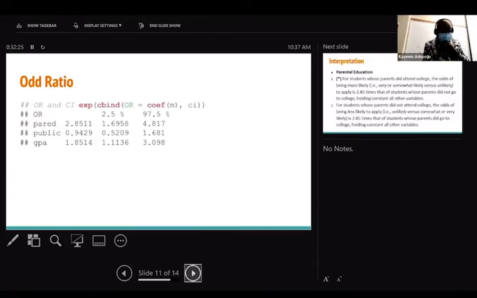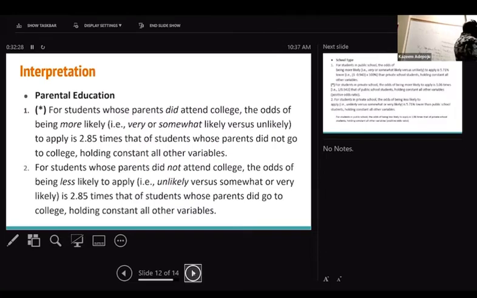Now, let's interpret. For students whose parents did attend college, I wanted to take note of that. For students whose parents did attend college, the odds of being more likely, which is very likely or somewhat likely versus unlikely.